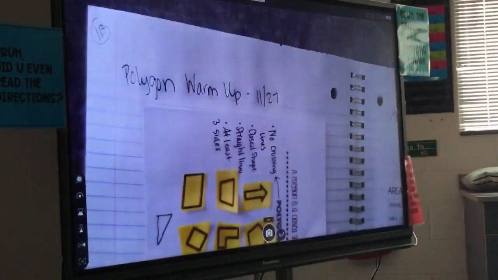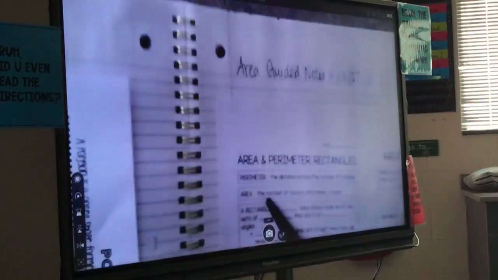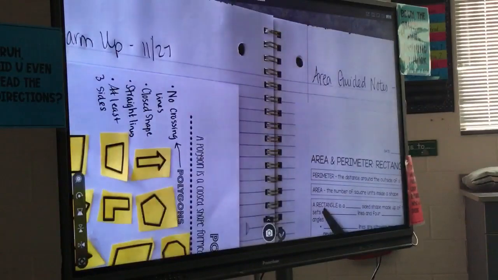Once you get that glued in, slide over to the right side of your page and put in area guided notes.